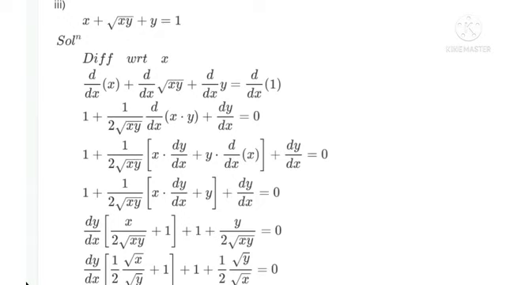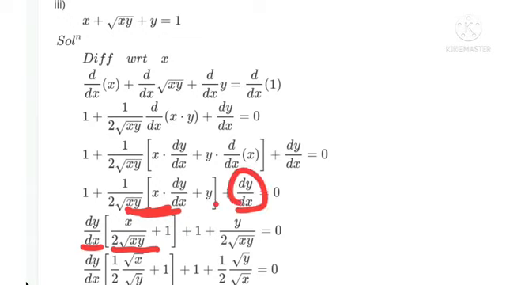Right, in this way. Here you multiply this x into dy by dx. The product of this is dy by dx as it is into x upon 2 root xy, and here you multiply with this, you get dy by dx.